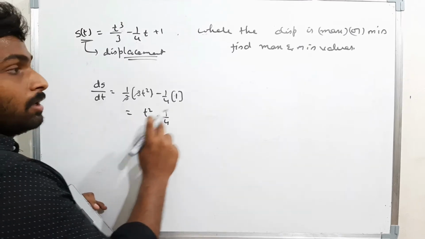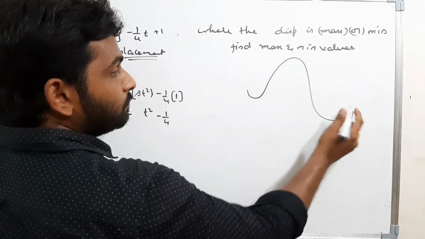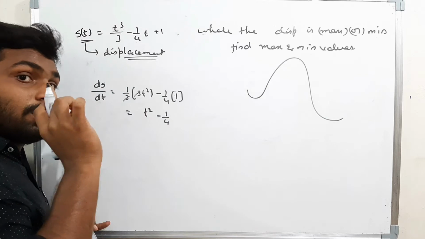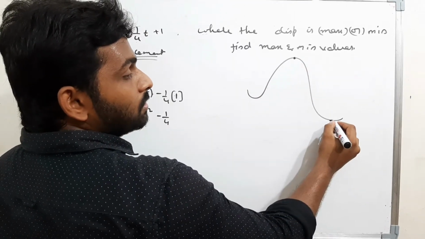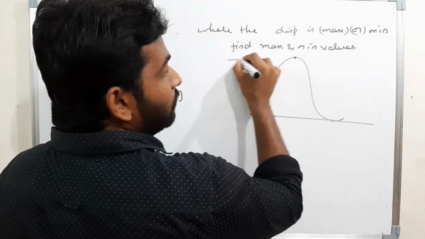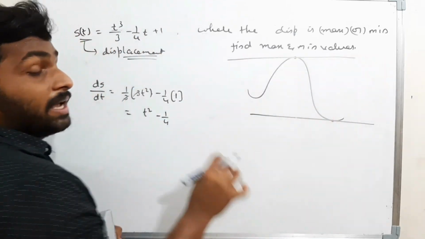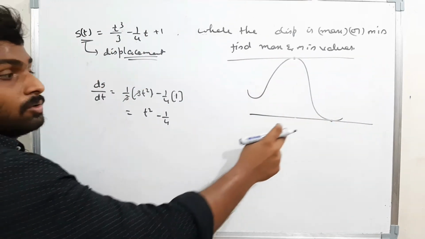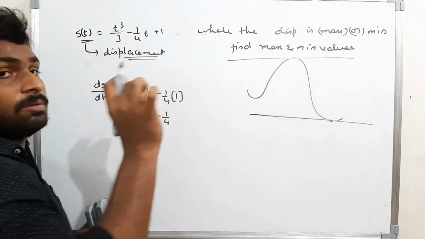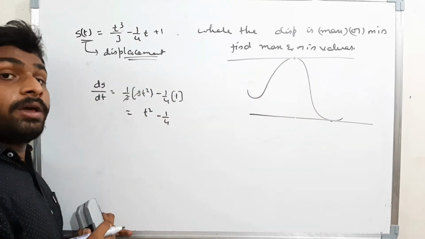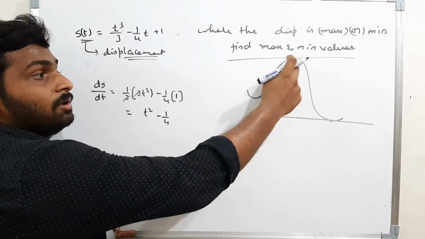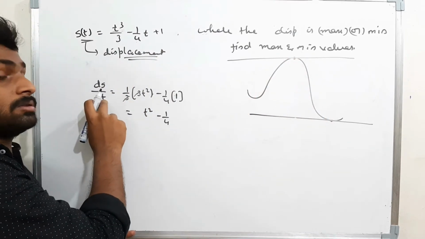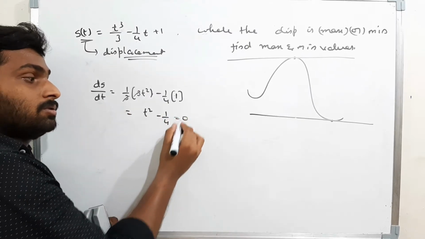For any graph, at the minimum and maximum values, the slope of the curve will be parallel to the x-axis. The slope of the x-axis is 0. Therefore, at minimum and maximum values, the slope has to be 0.